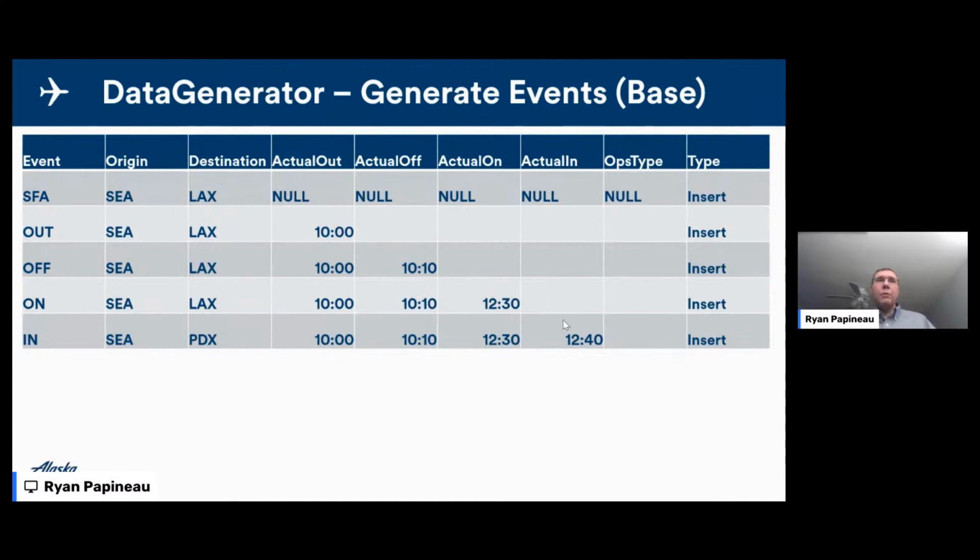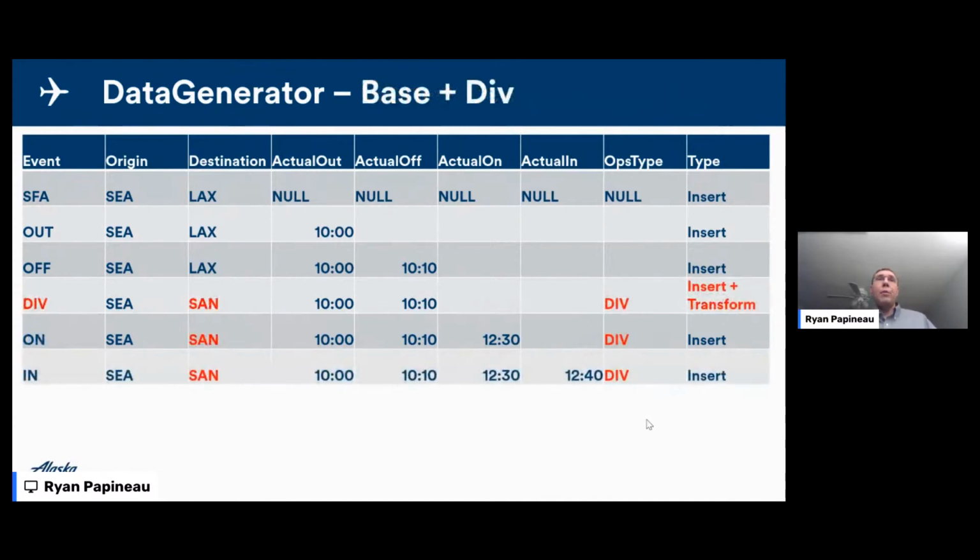Well, let's now start creating a more complex scenario. This is now how we start doing those exception scenarios. So our framework now allows us to simulate these exception scenarios. And what we're going to do today is a div, which is short for divert. So instead of going Seattle to LAX, we're going to go to Seattle to San Diego.